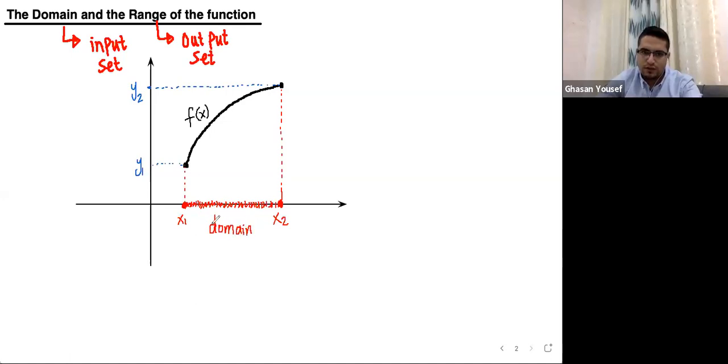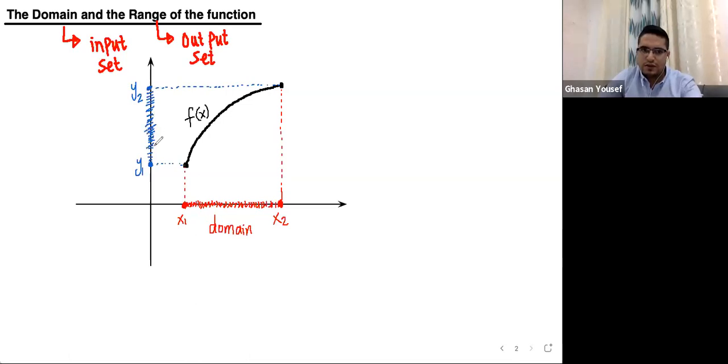Now the range is all y values that are used. Starting from this point, because at x1 the value is y1, so starting at y1, all these y values are used, and we end at this point.